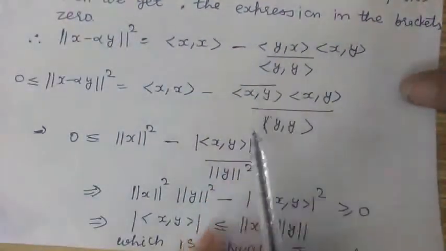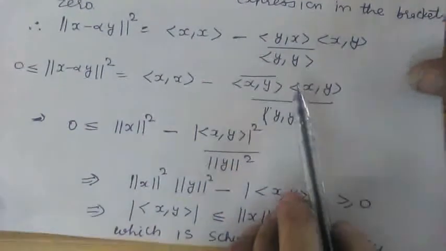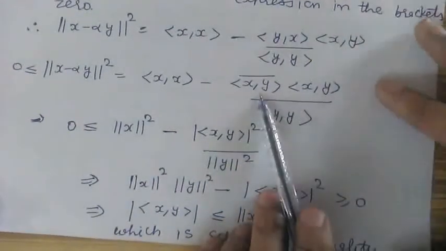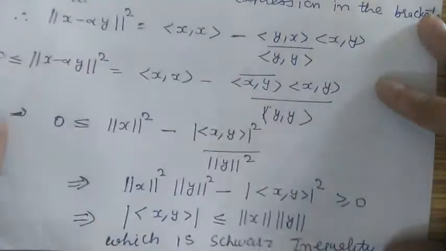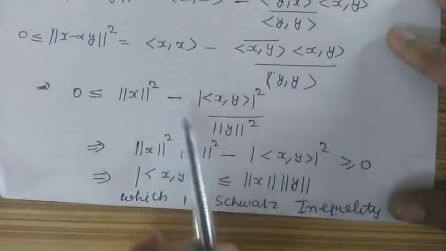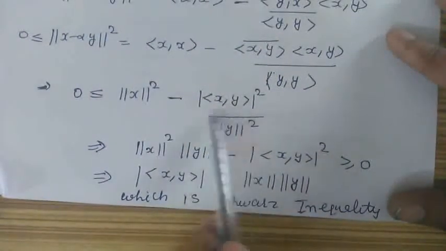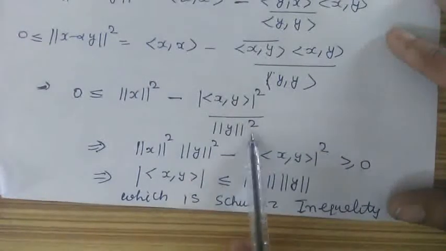The inner product of y with x is the conjugate of the inner product of x with y. Now using the property that z into z bar is the modulus of z squared, from here we get the norm square of x minus alpha y is equal to the norm square of x minus the modulus square of the inner product of x with y divided by the norm square of y.